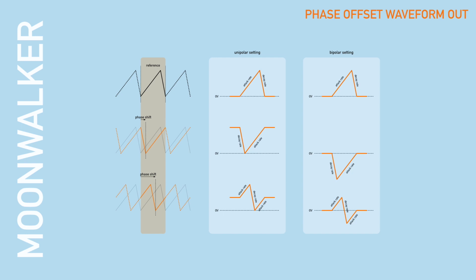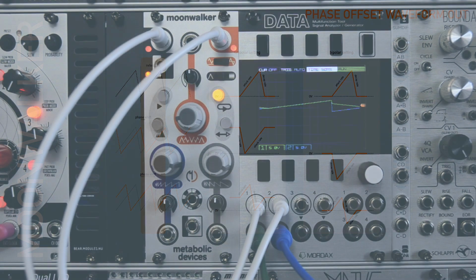In the unipolar setting, the phase offset waveform out is still oscillating between 0 and 10 volts, but it does not necessarily start at 0. And in the bipolar setting, the oscillations do start at 0, but do not necessarily reach a certain amount of volts. And this is really dependent on how you set up your offset on Moonwalker.